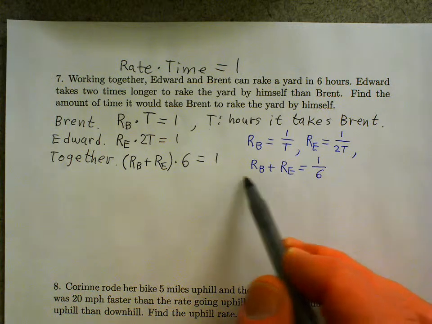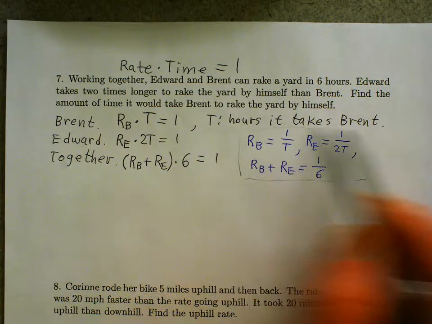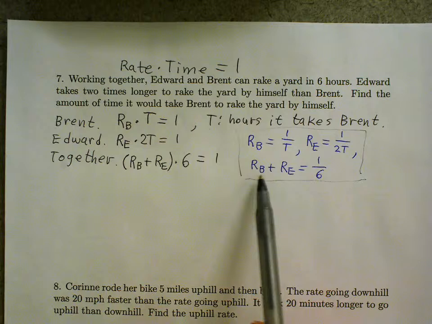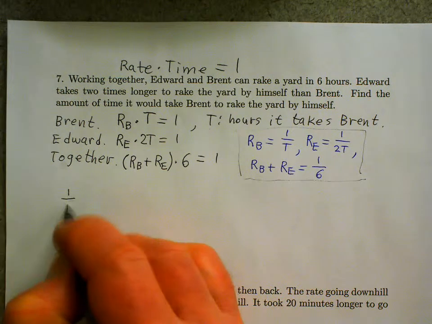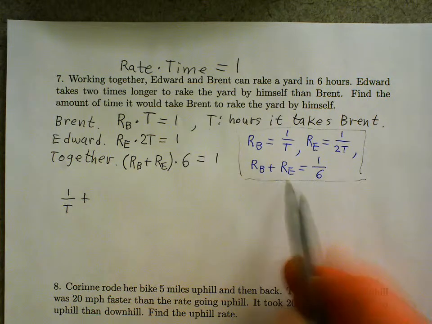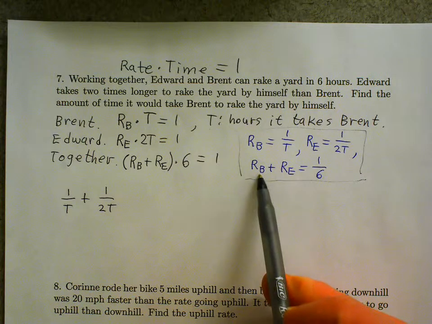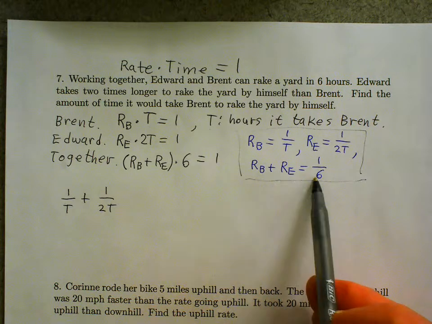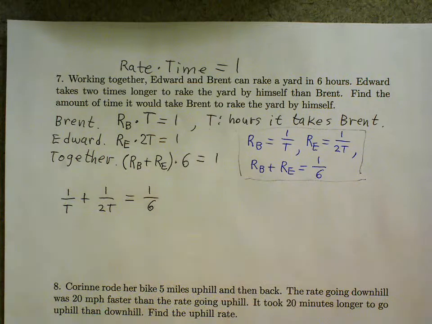In other words, we're combining the results of these three equations. Brent's rate is 1 over t. We're adding that to Edward's rate, but Edward's rate is 1 over 2t. And the sum of Brent's rate and Edward's rate is 1 over 6. So now we have an equation whose only variable is t.